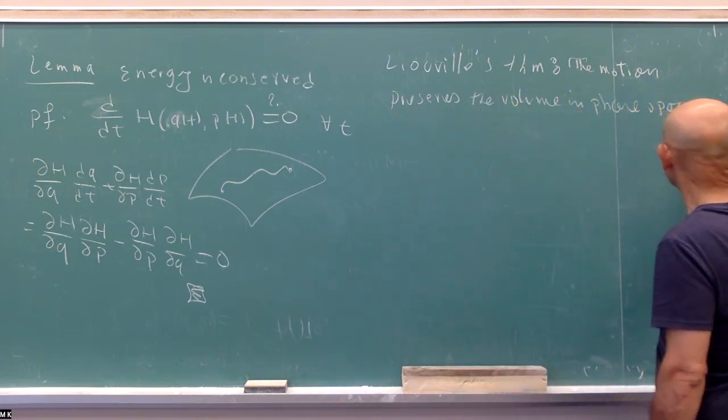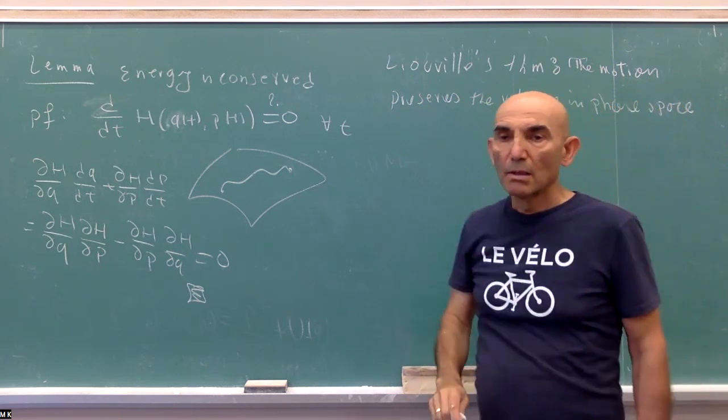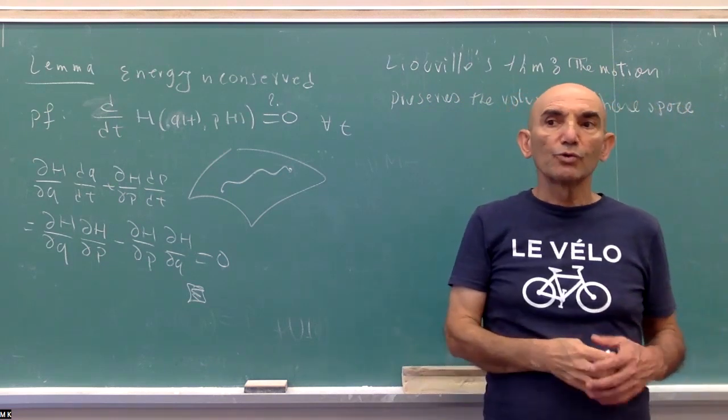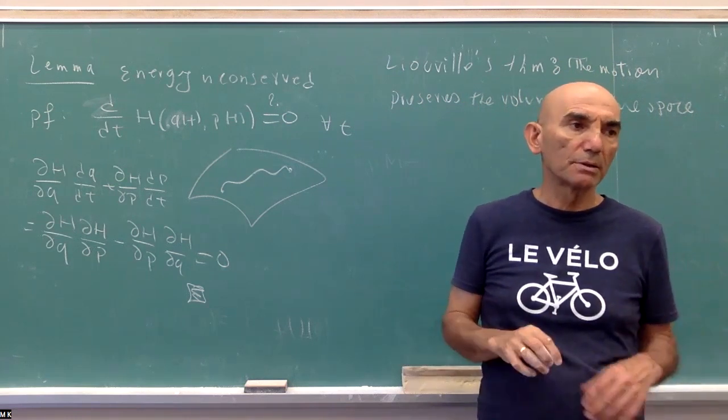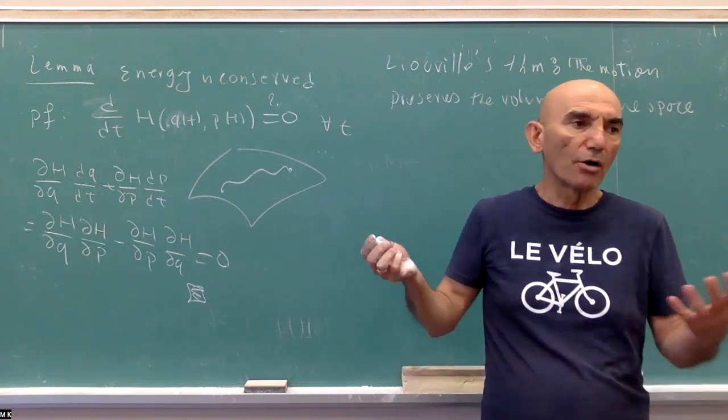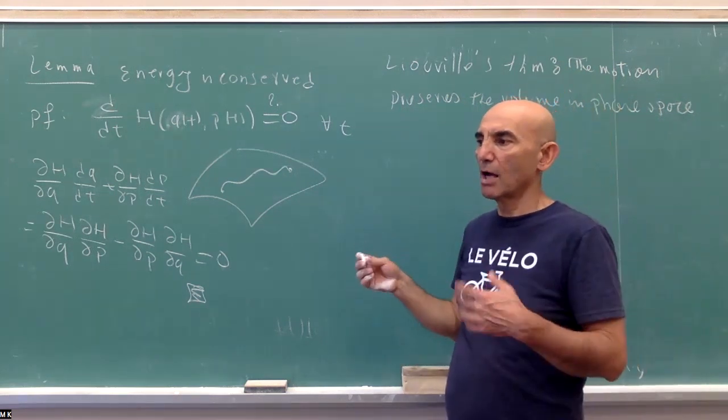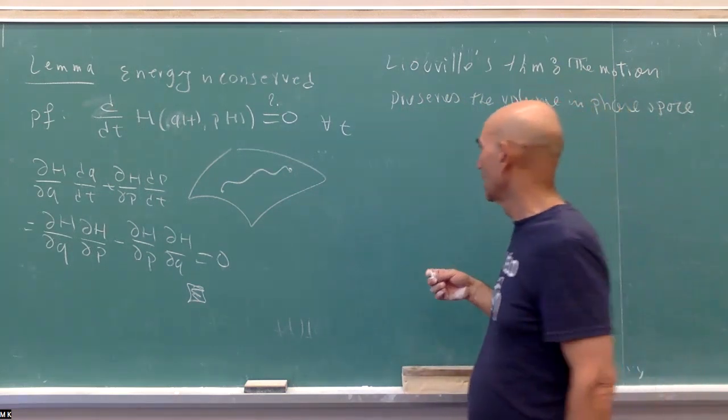What does this mean? You have this space of dimension 2n, R^n cross R^n star, for example, which we can think of for now as R^n cross R^n.